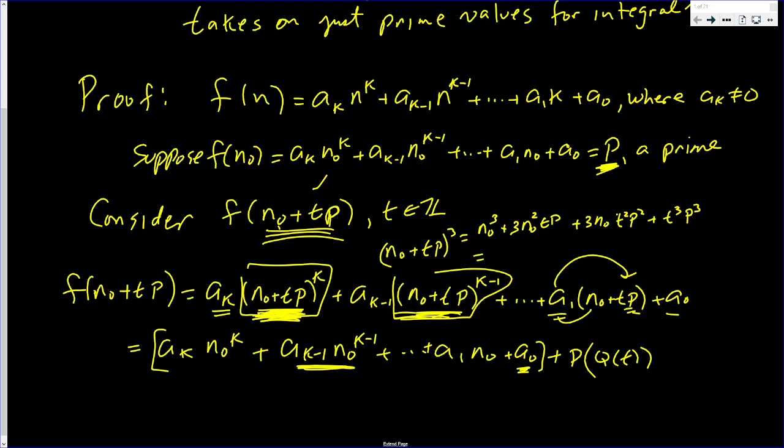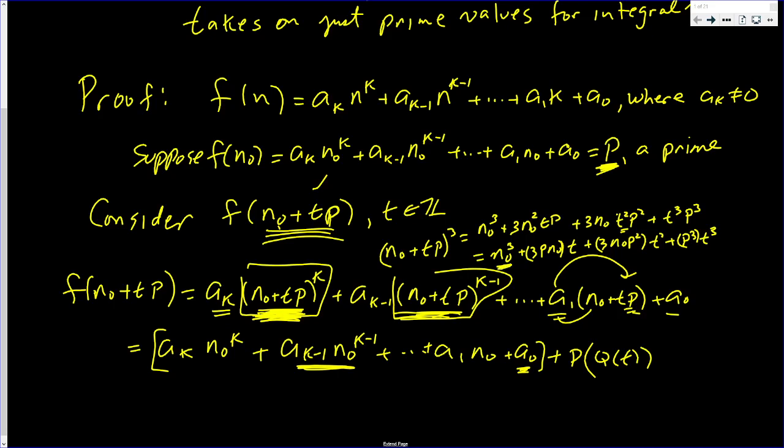But the p is just a constant. You have n0 cubed plus 3p n0 times t plus 3n0 p squared times t squared plus this coefficient times t cubed.